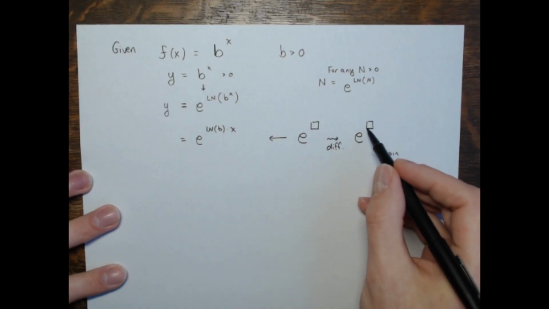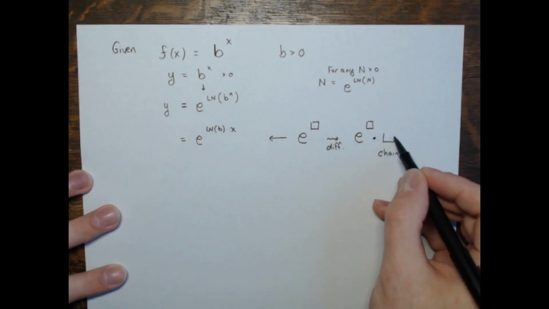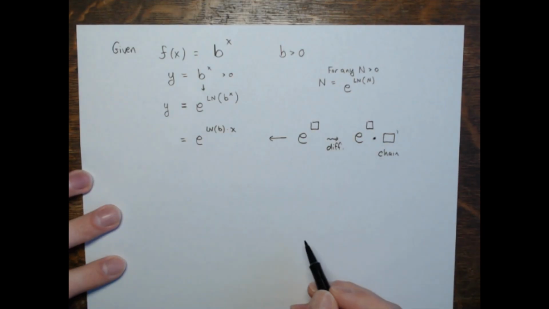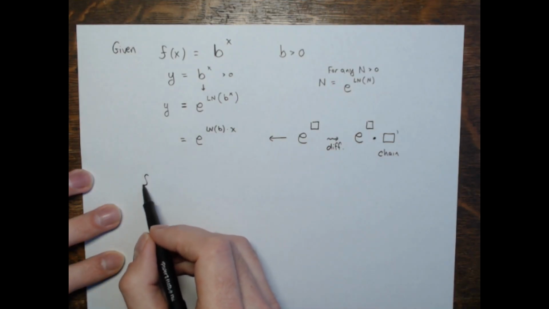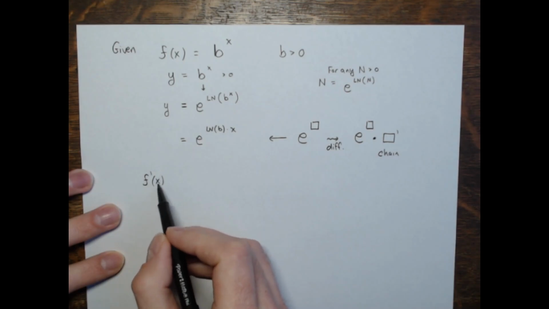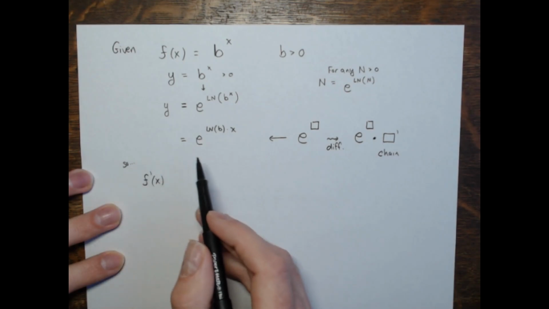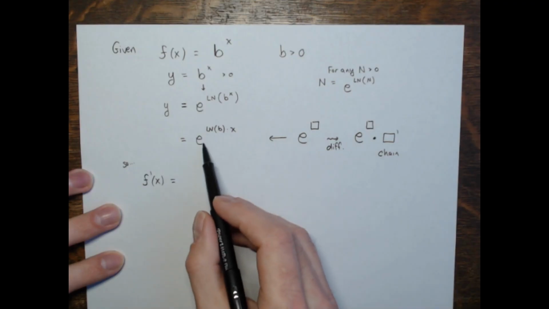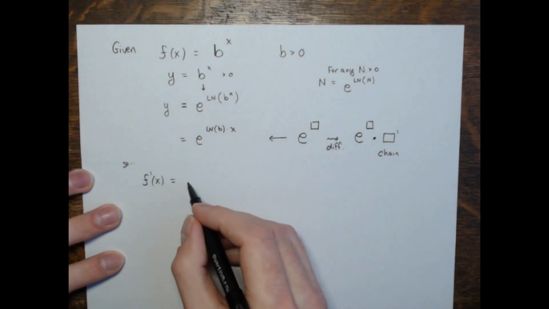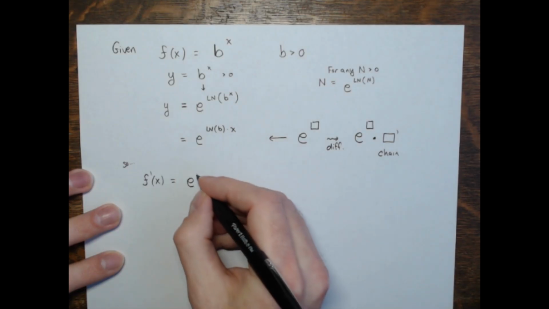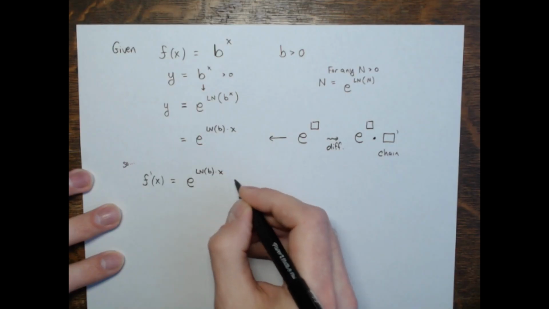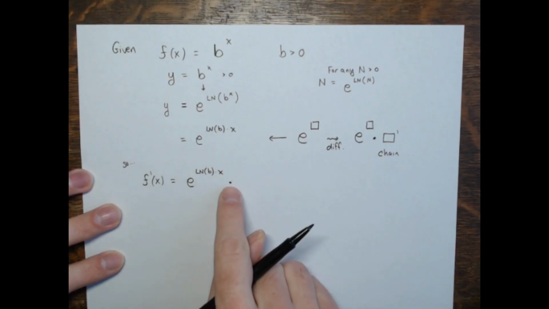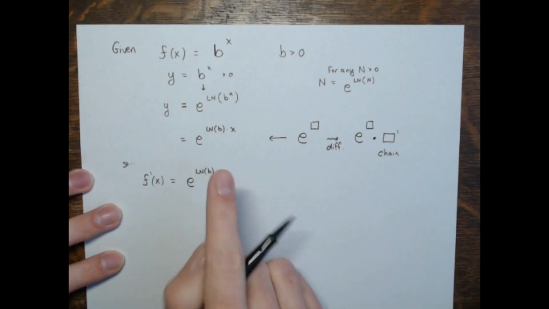So it would be itself, then times the derivative of the expression that's in that power. So look, y prime here, f prime, would be, an e to something is itself, so e to the natural log of b times x. But then afterwards, times the derivative of the power.